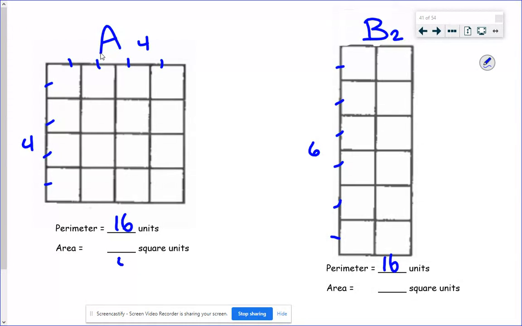Then for area, we're going to be multiplying how long it is by how wide it is. That is 16. So we can have a shape that has perimeter and area the same numbers. Over here, it's going to be 6 times 2, and that would be 12. So did you say the area of shape A compared to shape B, that 16 is greater than 12? The area of shape A is greater than the area of shape B. That's what we should have gotten.